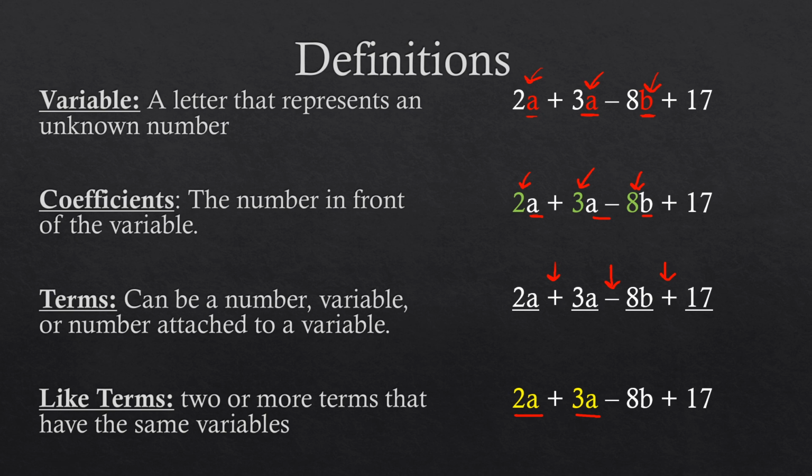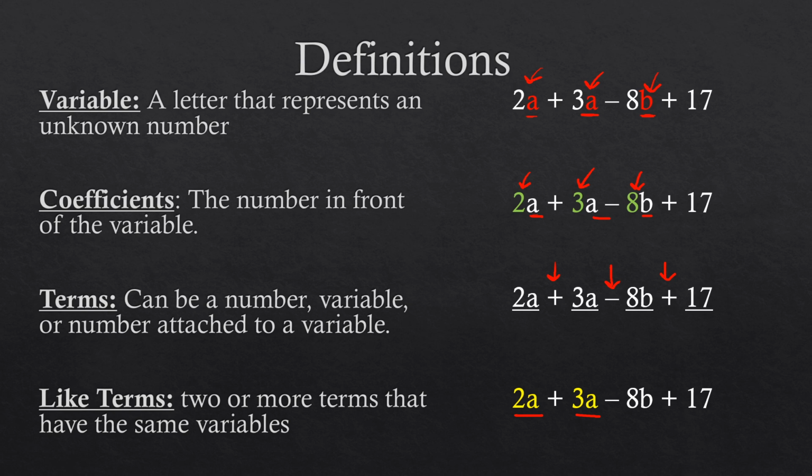So because they have that A attached to it, that makes them like terms, okay? So anytime you're looking at an expression and you see variables that have the same letter, okay, those are going to be your like terms.